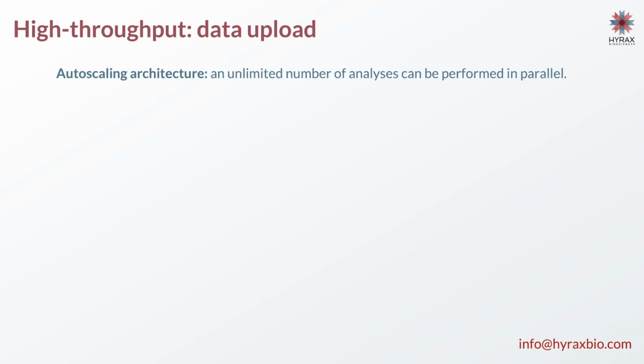So essentially we have unlimited scaling in the cloud. You could have hundreds of labs, thousands of labs across the world running data at the same time, and you will see zero impact on the speed or the time it takes for your results to be presented.